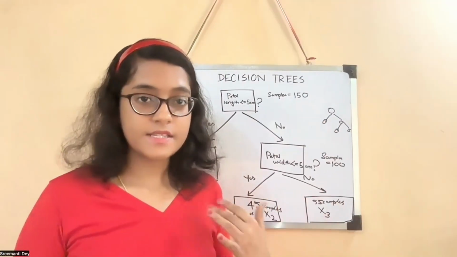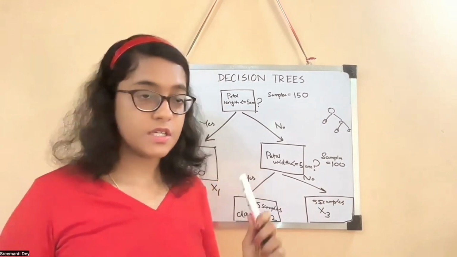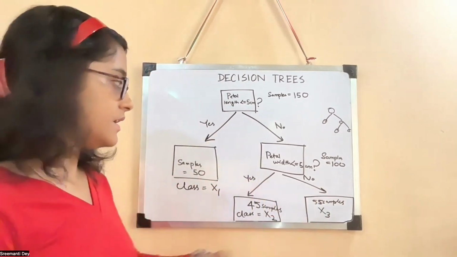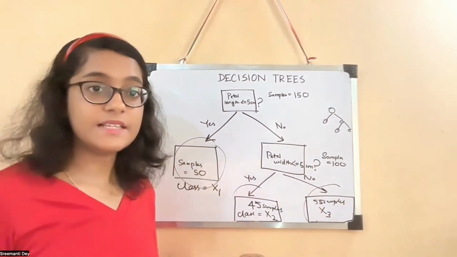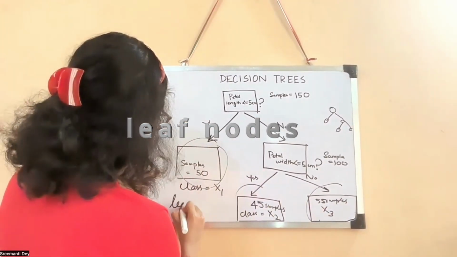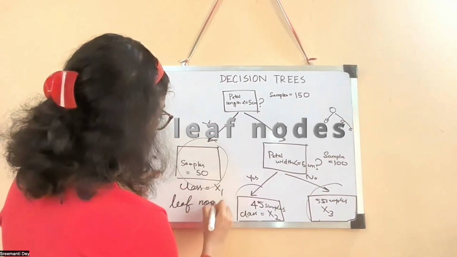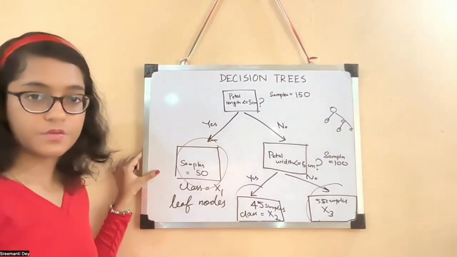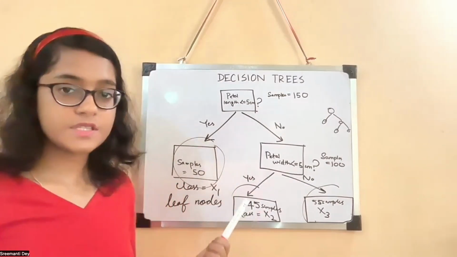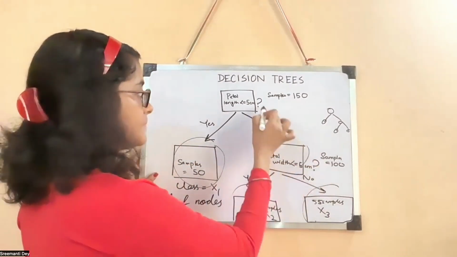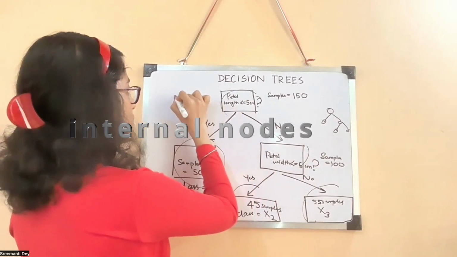Okay, so let's get acquainted with some terminology. These three are the leaf nodes. These are the leaf nodes, and these are the internal nodes.